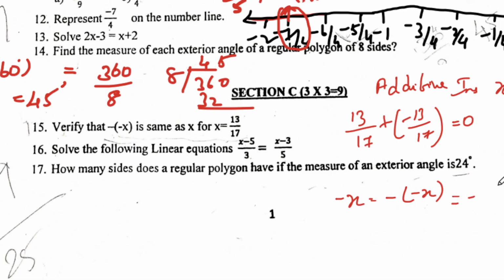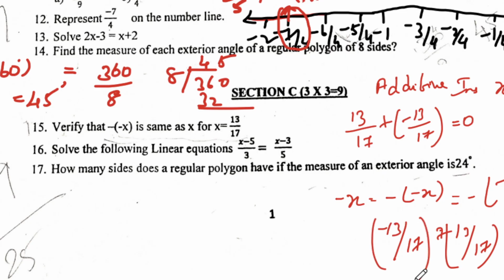Okay, so minus 13 divided by 17, which is equal to 13 divided by 17. So let's check the answer now. So 13 divided by 17 plus 13 divided by 17, which is equal to 0. So minus x minus x is equal to x.